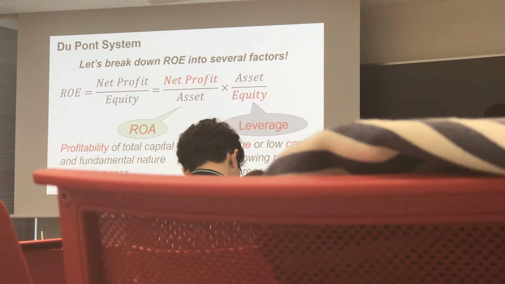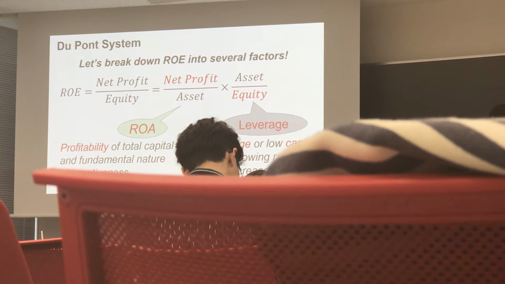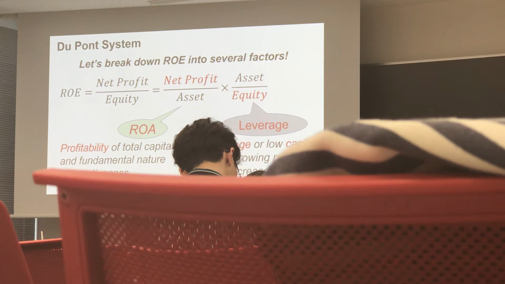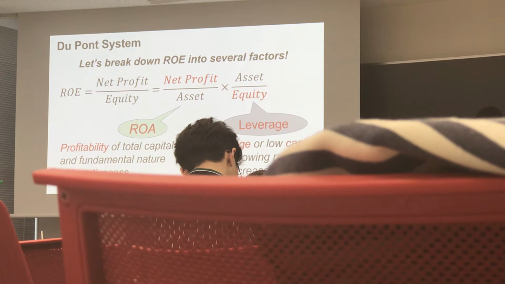The net profit over assets is ROA, return on assets. So ROA times the inverse of capital adequacy, or leverage. That is a breakdown of ROE, return on equity. So this is a super highlight, a major highlight.